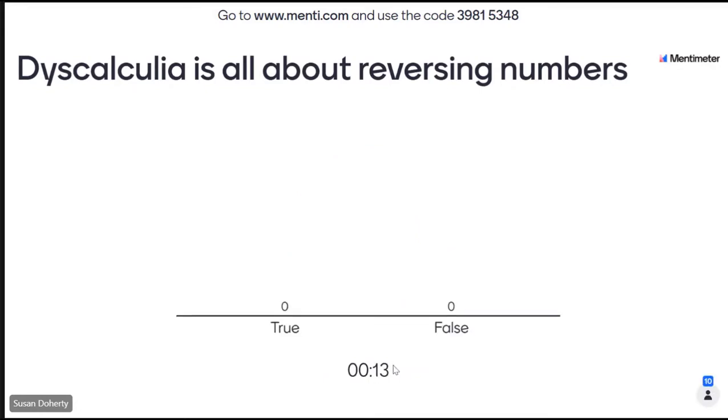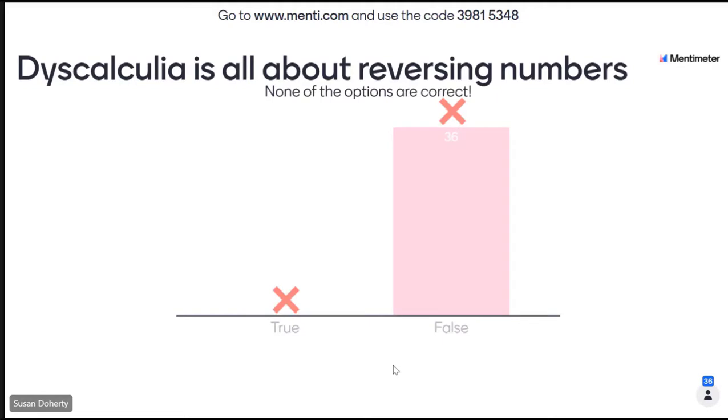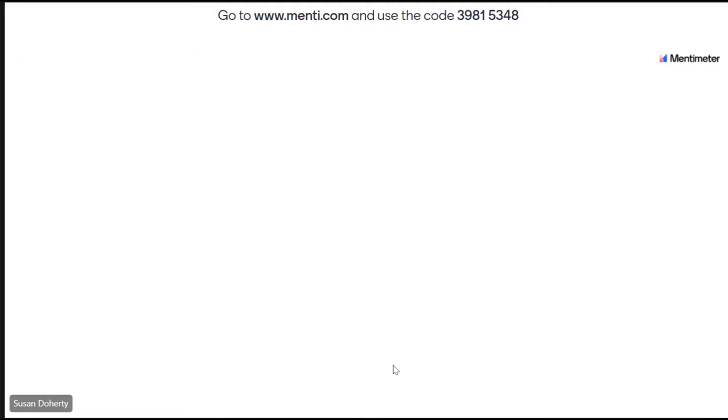The next statement: dyscalculia is all about reversing numbers. You're a very knowledgeable audience here, because we'll talk more about that. Number reversals are, just like with dyslexia, something we do see in children who have dyslexia and children who have dyscalculia, but it's not the case that if you don't have reversals, you can't have developmental dyscalculia. You can have developmental dyscalculia and either show or not show letter reversals and number reversals.